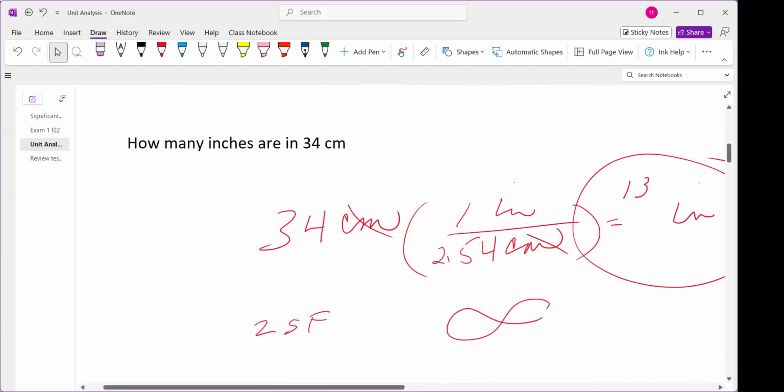For example, how many inches are in 34 centimeters? By the way, I have a handout for you.